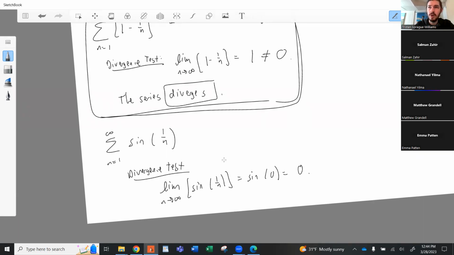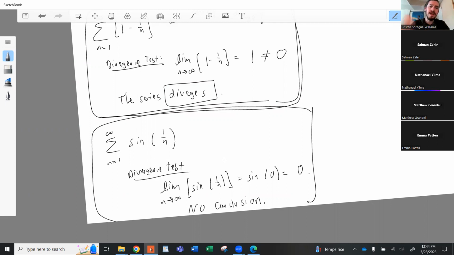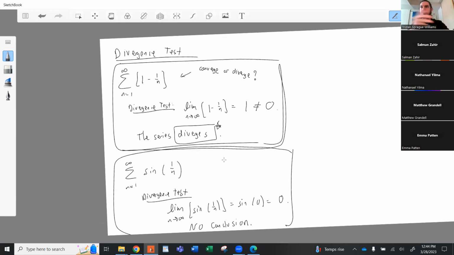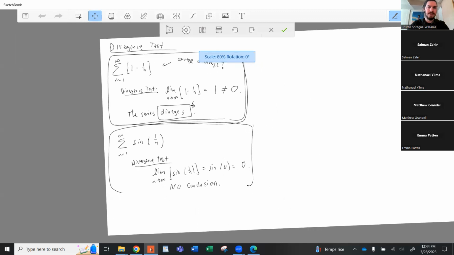If it equals 0, then there is no conclusion from that test about whether the series is going to converge or diverge. It might converge. It's at least possible. It's still on the table as a possible outcome. But this test alone isn't going to tell us whether it converges. It cannot conclude convergence. It can only conclude divergence. That's why we call it the divergence test.